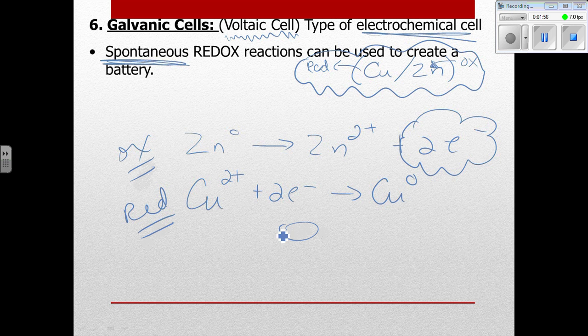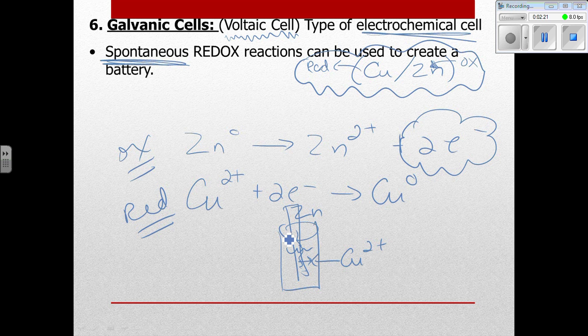So if I take a piece of solid zinc and put it into a solution that has copper ions, you're going to have a reaction. But the electrons go directly from the zinc to the copper in solution, and I can't direct those electrons through a wire, so they can't do any work for me.